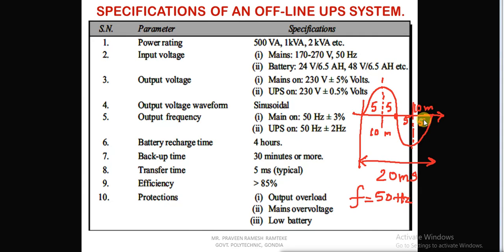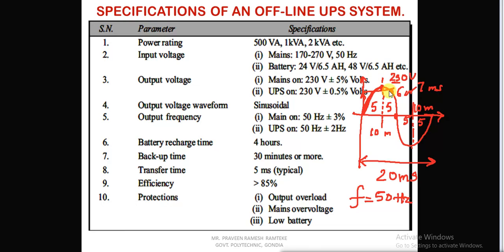See here, the voltage is increasing for how much time? Up to 5 milliseconds. It has the maximum amplitude, say 230 volts. If our switching time increases to say 6 or 7 milliseconds, then this voltage will be reduced.